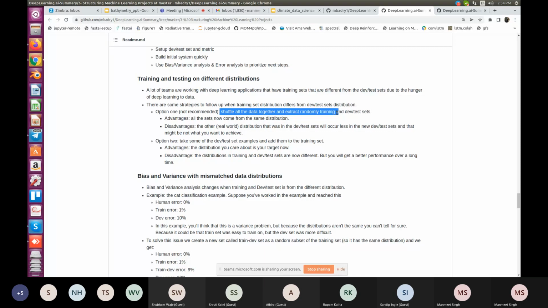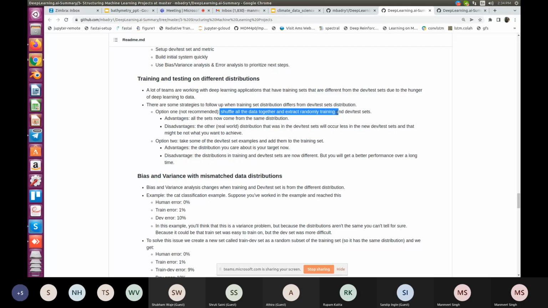The disadvantage is that the other distribution, the real world, that was in the dev or test set, will occur less in the new dev or test set, and that might not be what you want to achieve. So you might not get the right kind of results, or you might not be able to get the optimum model that you are trying to get.